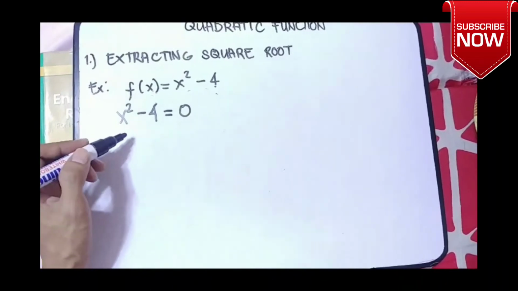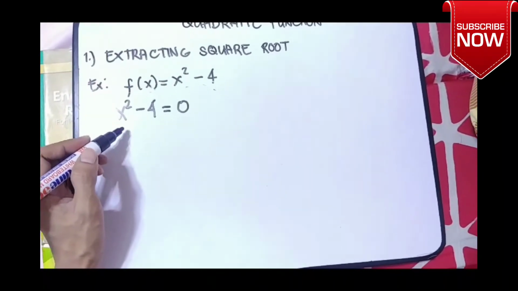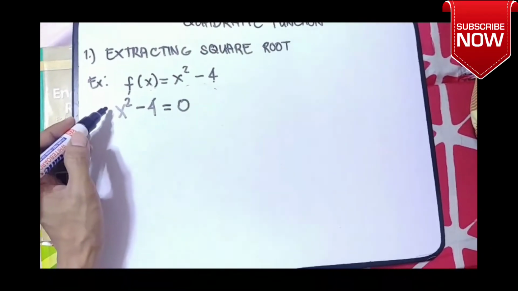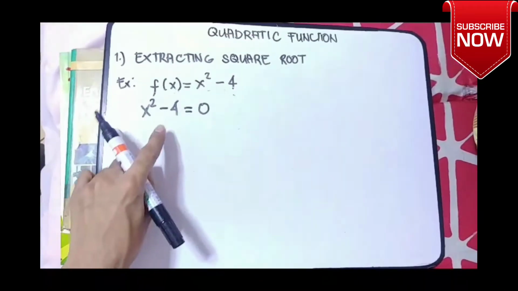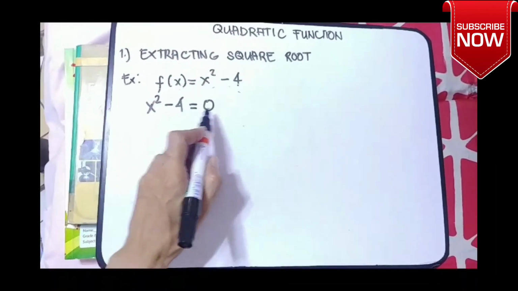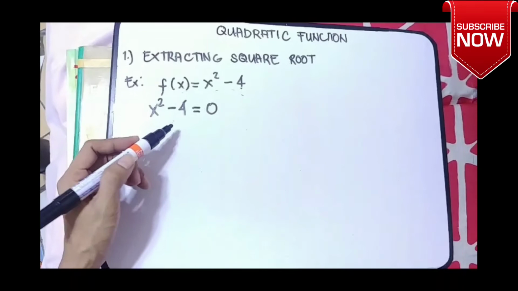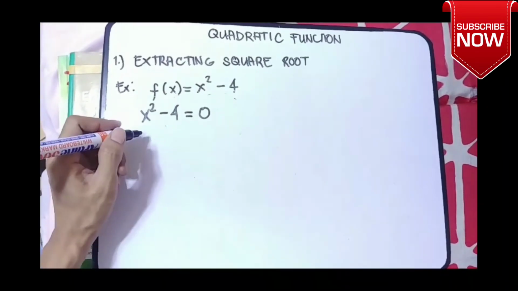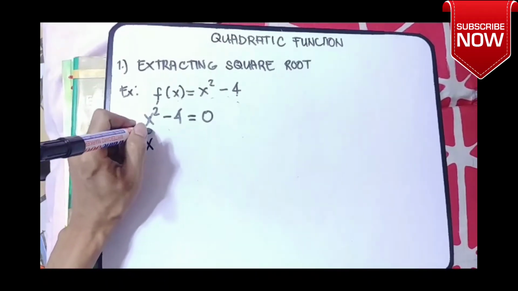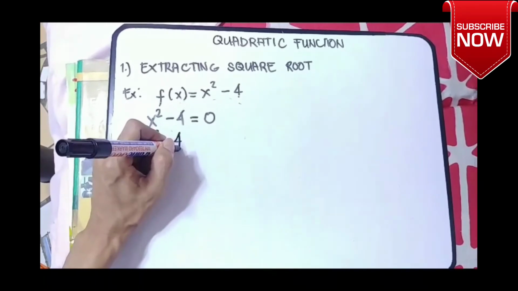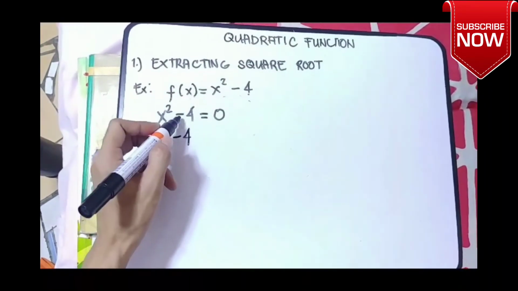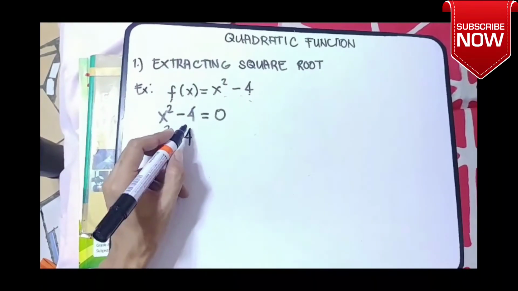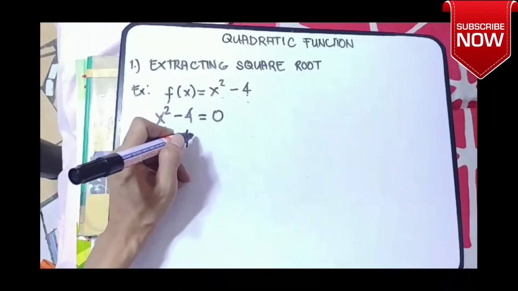Now, ang ibang paliwanag dito or explanation, after rewriting the equation, add the constant to both sides with its opposite sign. So, yung equation ay magiging x squared minus 4, ikakopy lang. And then, yung constant term, which is yung number 4, ikakopy, i-add natin sa both side.